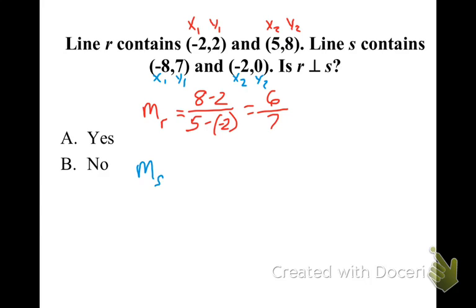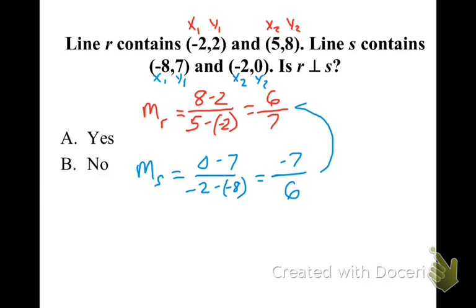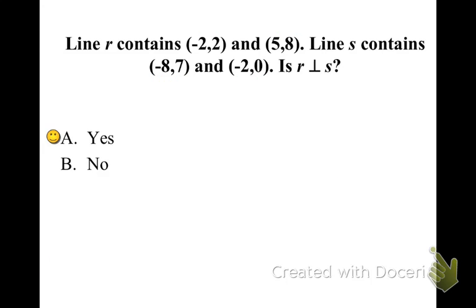So the slope for line S is going to be 0 minus 7 over negative 2 minus negative 8, negative 7 over 6. Comparing their slopes, they're definitely opposite and reciprocal. These lines are perpendicular.